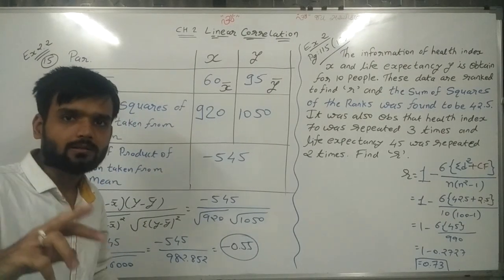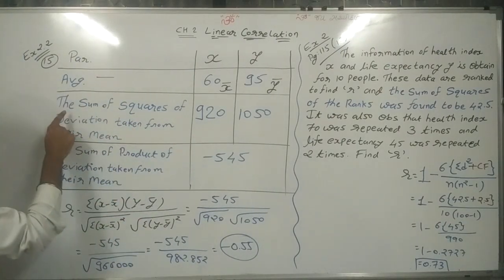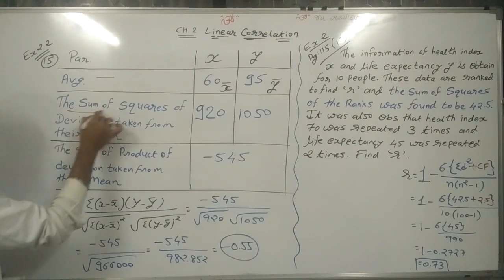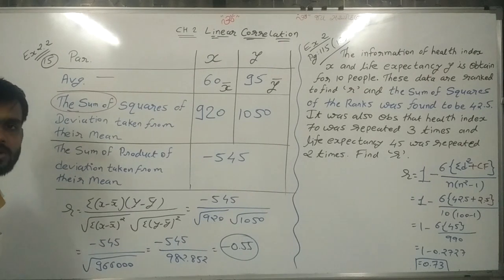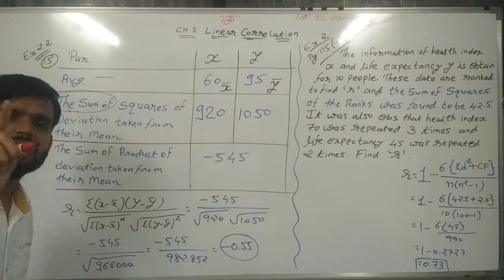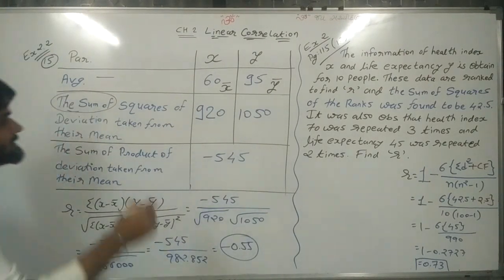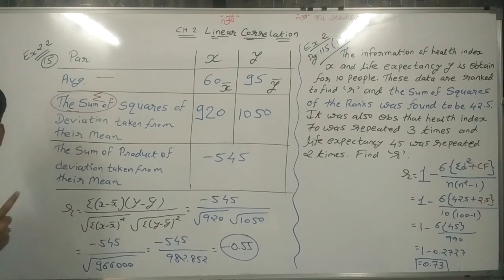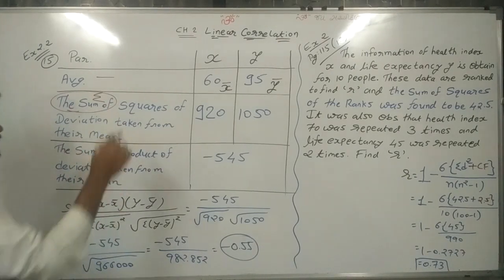Now the important thing, next topic. The sum of. So what is meant by sum? Sum means total. Total means sigma. Sum of, square of. So there is a square also.